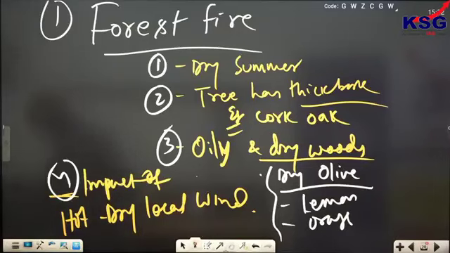So, the Mediterranean region is prone to forest fire. Mediterranean vegetation is prone to forest fire. You remember this. And this is what I was telling you, and hope you got it.